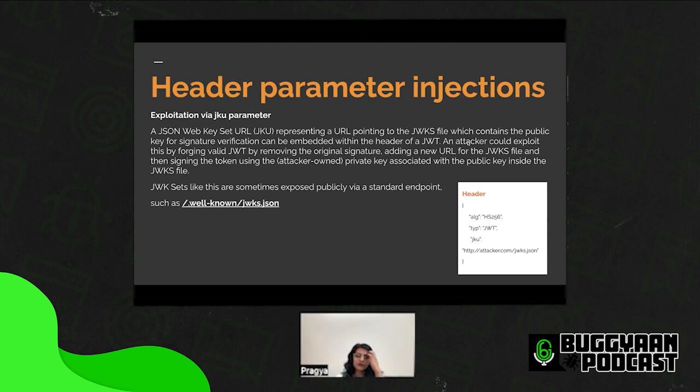With this header, an attacker could exploit this by forging a valid JWT, same process as the previous exploitation: remove the original signature, add a new URL, and then sign the token using the newly created private key, which is associated with the public key.